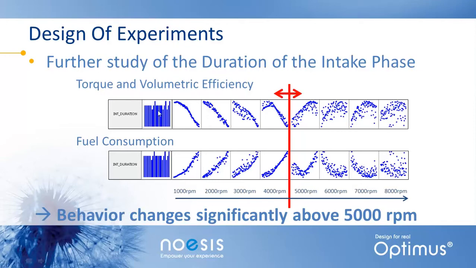You see, for example, here that below 5,000 RPM, if we make the intake phase longer, the torque and the efficiency will go down, but suddenly above 5,000 RPM, we see that making the intake phase longer will actually increase the torque and the efficiency. The exact opposite will happen for the fuel consumption. So below 5,000 RPM, making the intake phase longer will increase the fuel consumption, but above 5,000 RPM it will decrease the fuel consumption.